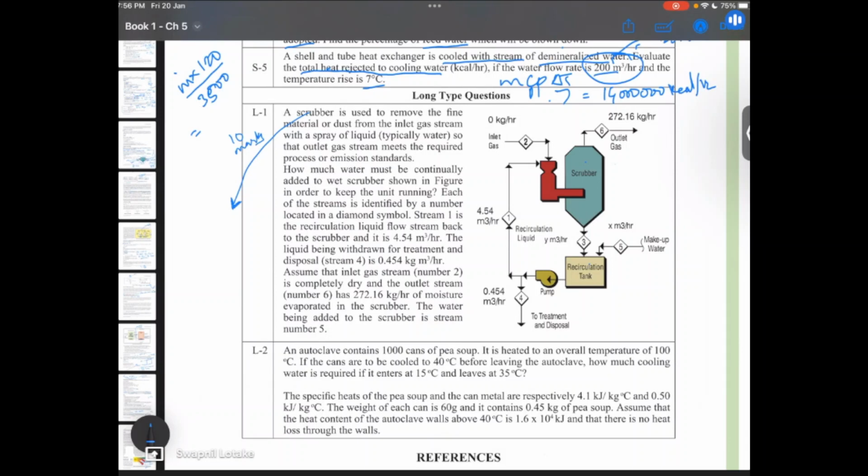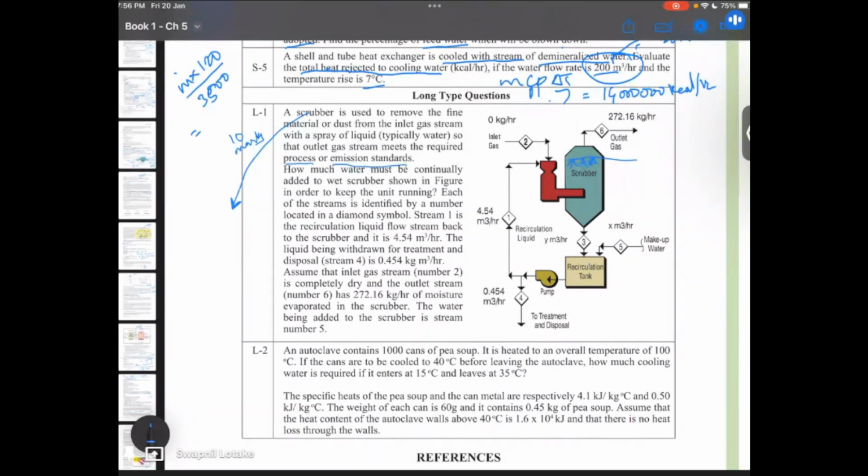So what a scrubber does is it sprinkles some water, like this. It sprinkles water, and all the dust is removed and the temperature of the gas is reduced, so that we can meet the process or emission requirements.